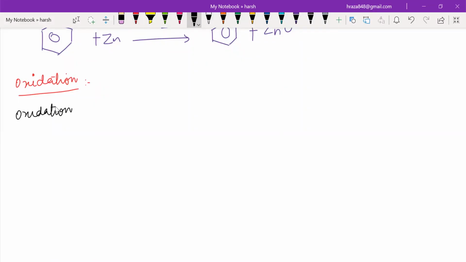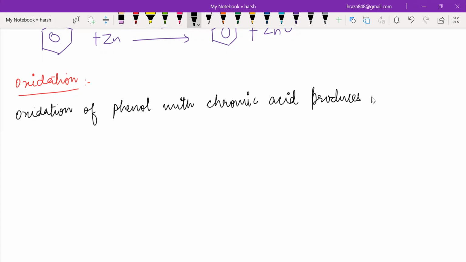So basically, oxidation of phenol with chromic acid produces a conjugated diketone. There will be a diketone, two ketone groups, and its common name is benzoquinone.